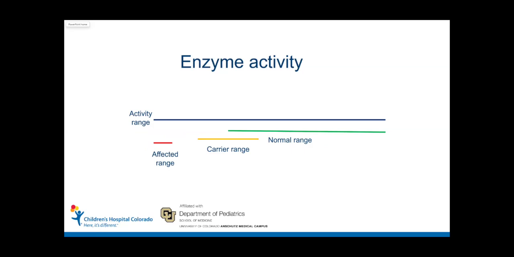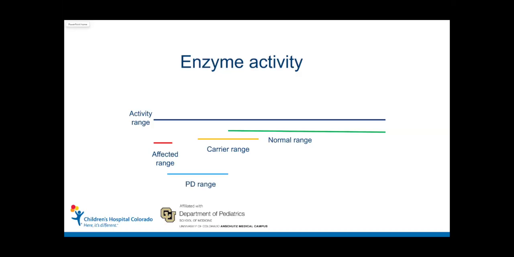And we use this concept to do newborn screening for a lot of MPS. We're measuring enzyme activity in those dry blood spots, with this being the idea of how it's going to work. The problem that we ran into, and there were good publications about this, is something called pseudodeficiency.